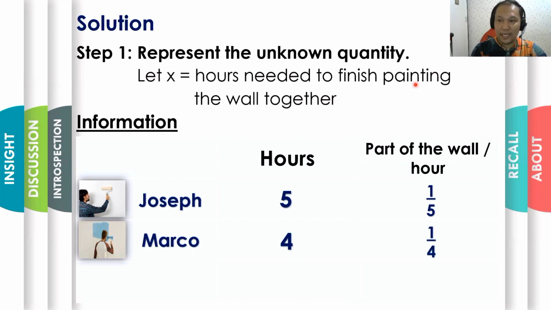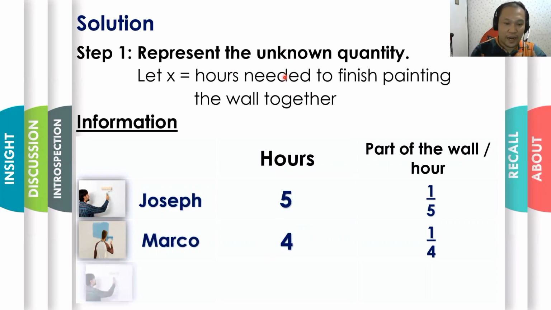I repeat, in an hour, what will be the part of the wall that he is able to paint? For Joseph, that is 1/5, since he can finish painting the wall within 5 hours. While for Marco, that is 1/4, since he can finish the painting of the wall in 4 hours.